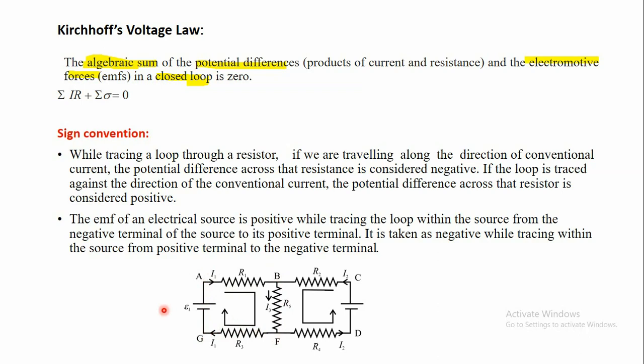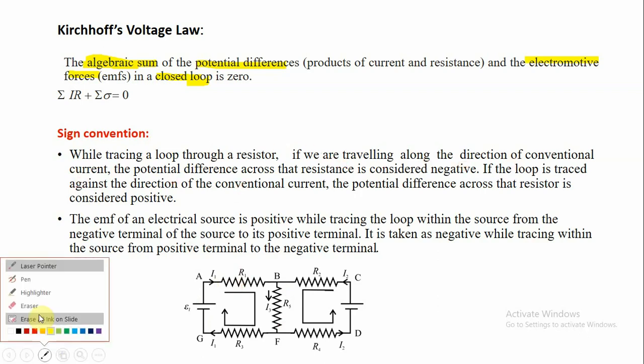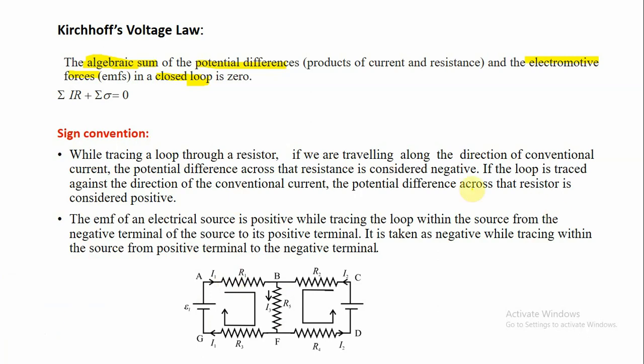So the sign convention says that while tracing a loop, when I come across a resistor, if we are traveling along the direction of conventional current, the potential difference across that resistance is considered negative.